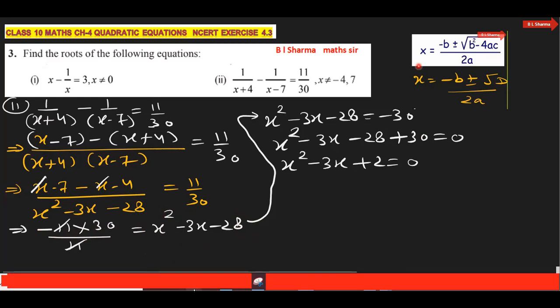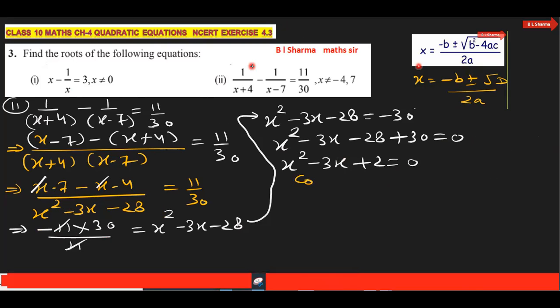Now, student, you can do it by the method of factorization. You can also do it by the quadratic formula. तो मुझे factorization method, because it is not written over here कि कौन से method से use करें। So factors of x square minus 3x plus 2, that is ये हमारे पास आ गया। Now we have to find out the nature of roots.